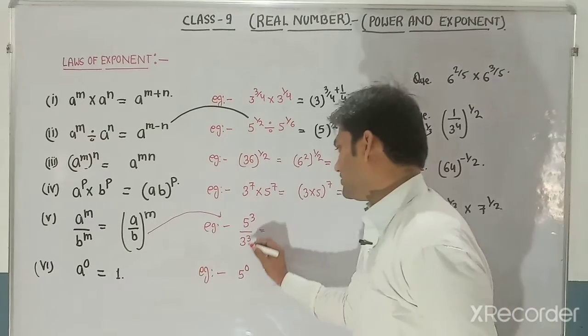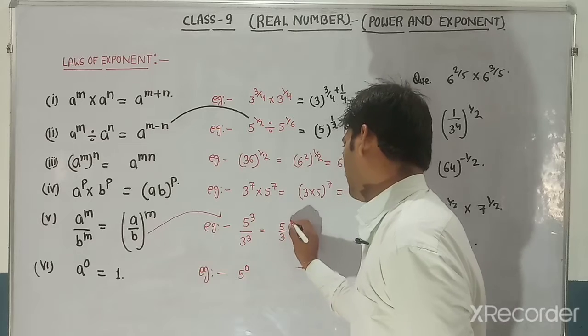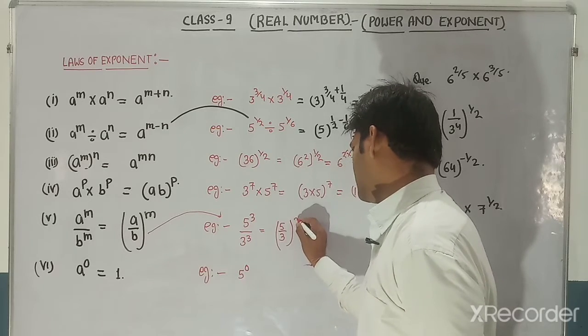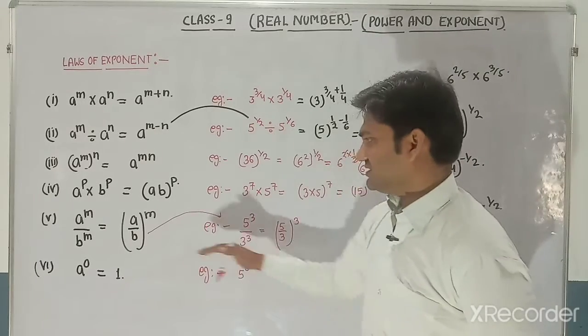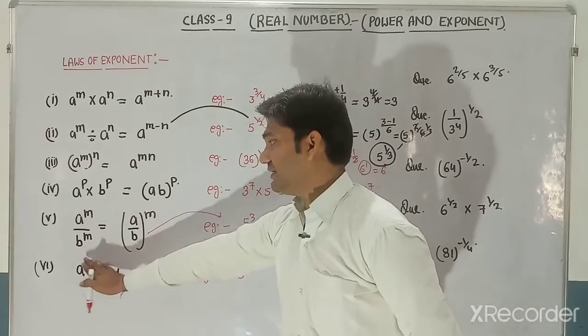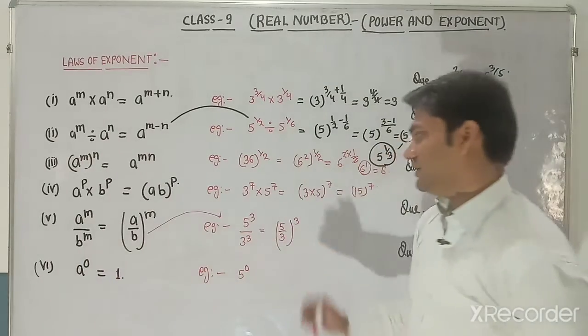So the answer is 5 upon 3 whole power 3. We can find the answer directly because this pattern and the law of exponents are already given.